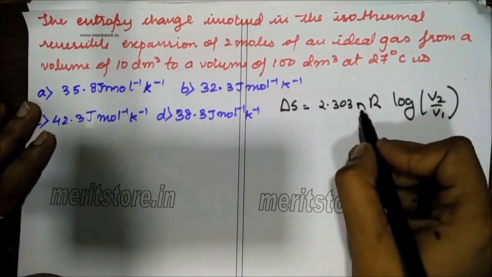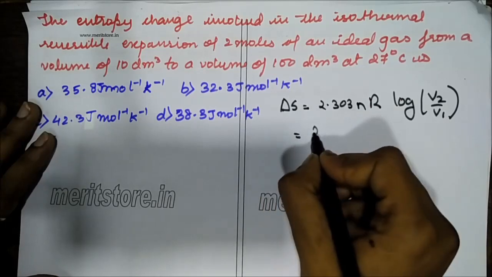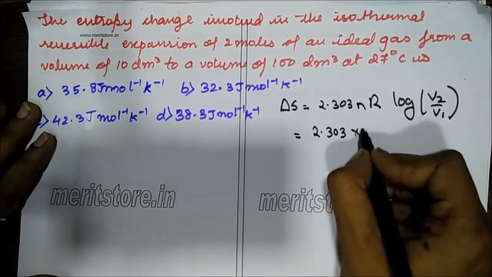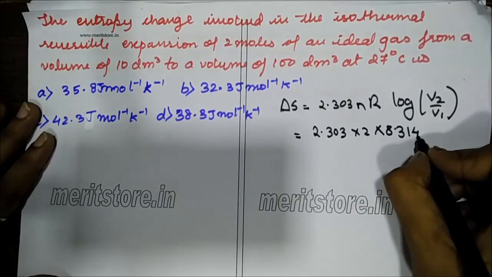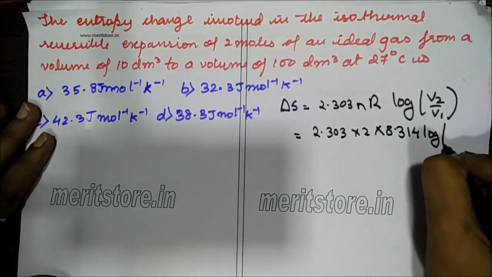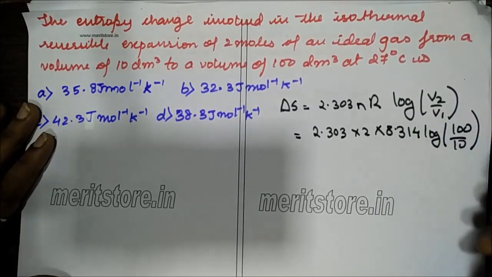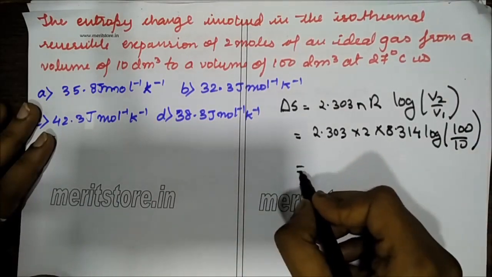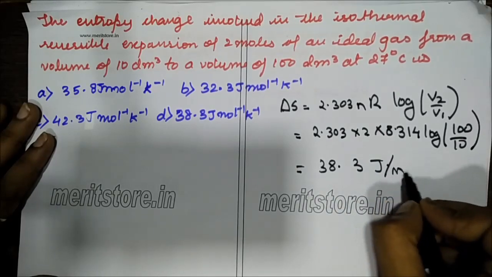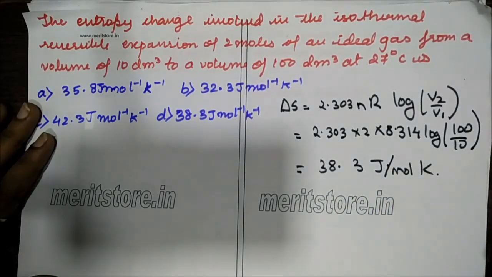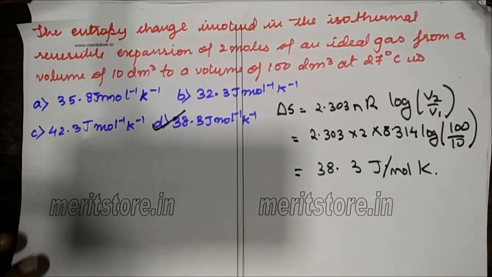Now n here is 2 moles, which is given to you. So delta S would be 2.303 into 2, R is constant, value we know is 8.314, and log to the base 10 of 100 upon 10 decimeter cube. When you simplify this equation, the answer that you will get is 38.3 joules per mole Kelvin.